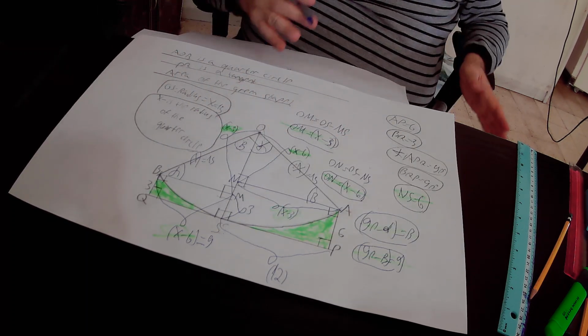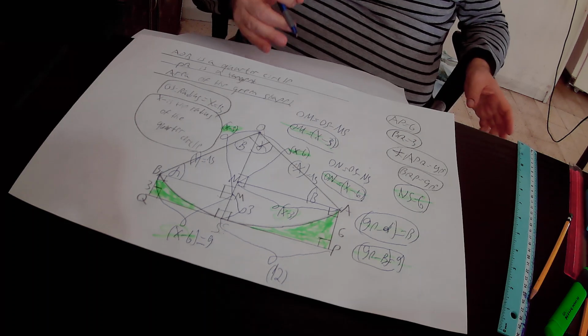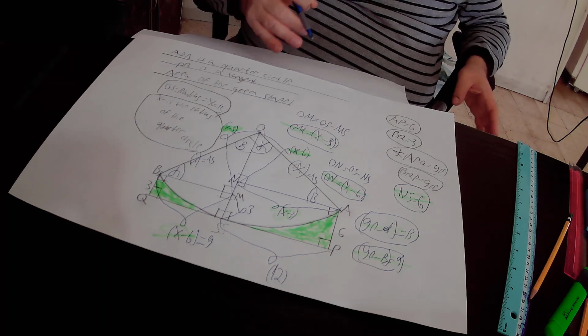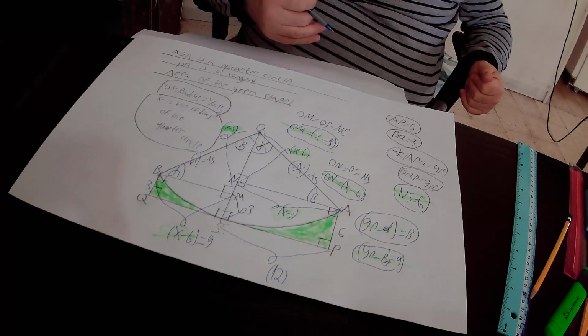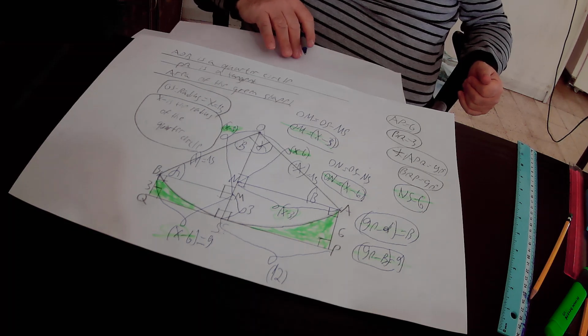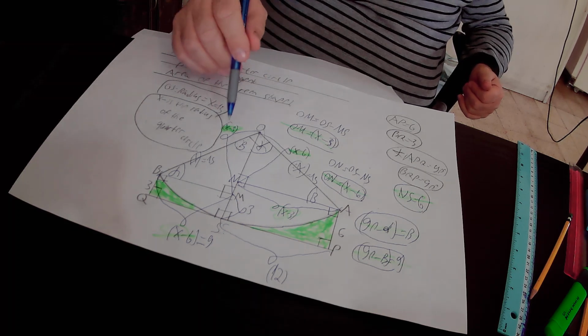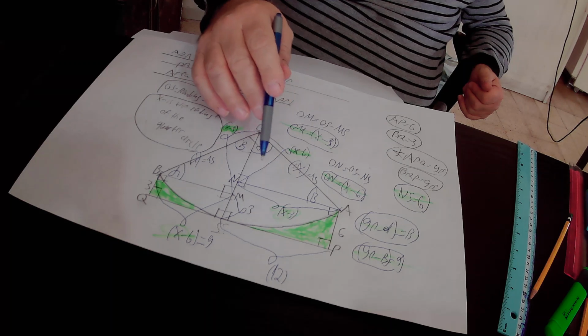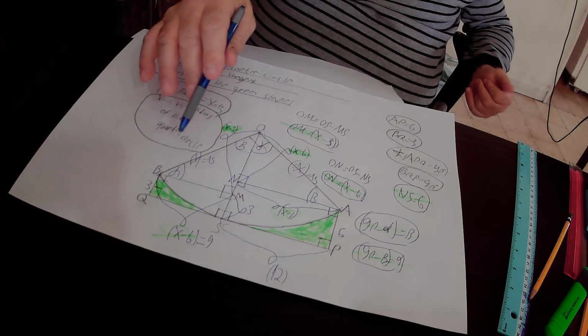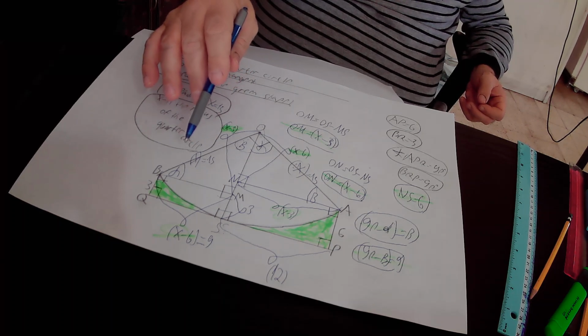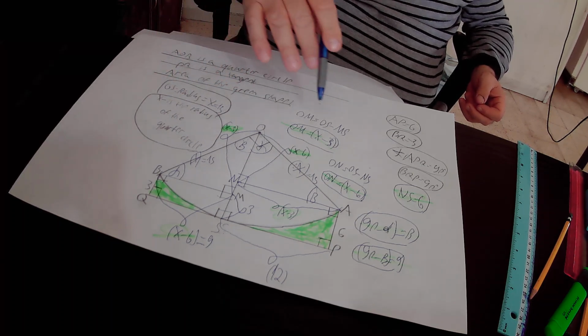The area of any quarter circle is equal to the area of the circle over 4. Quarter is 1 over 4. The radius of the quarter circle equals the radius of the circle, that is x.